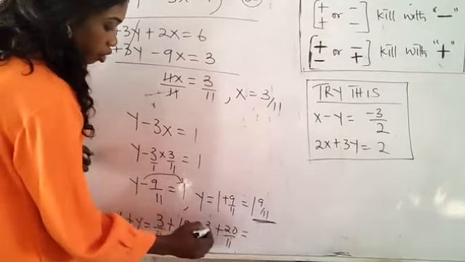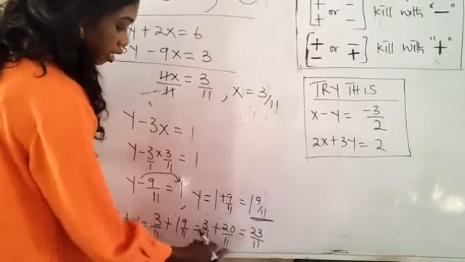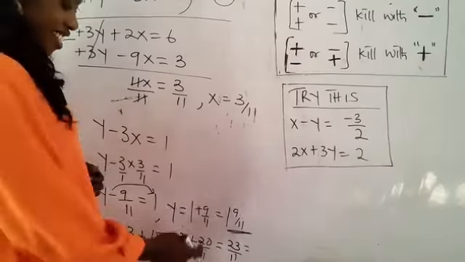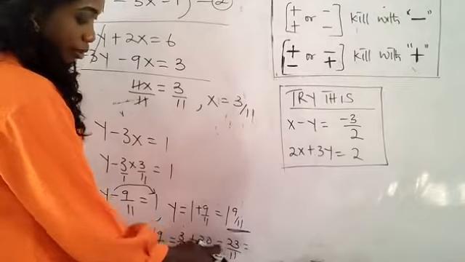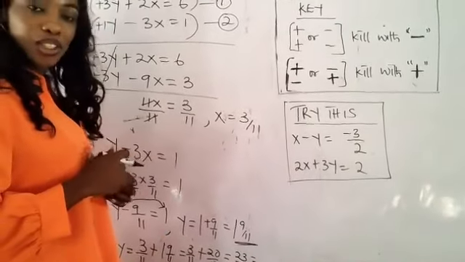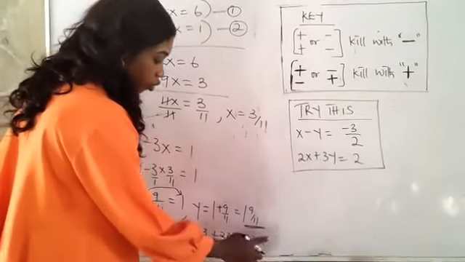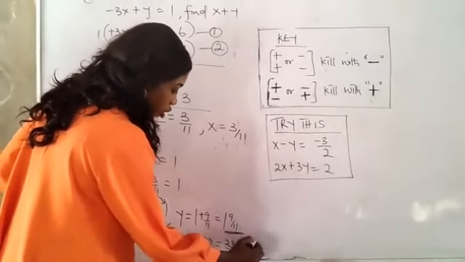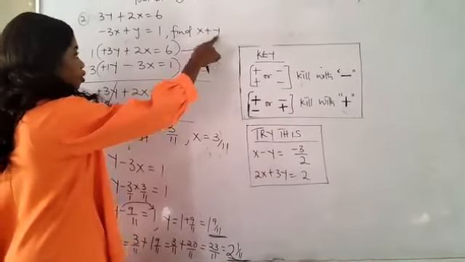And 3 plus 20 will give us 23 over 11, since they have the same LCM. But you know that in mathematics, 23 over 11 is not yet an answer. So if you divide through, you are going to have two whole number 1 over 11 as the value for x plus y.